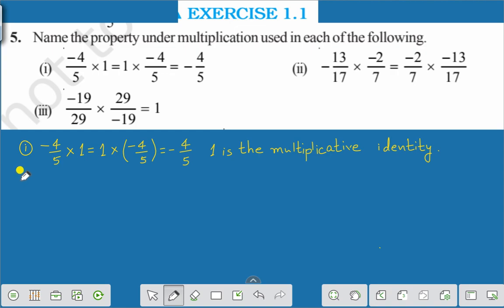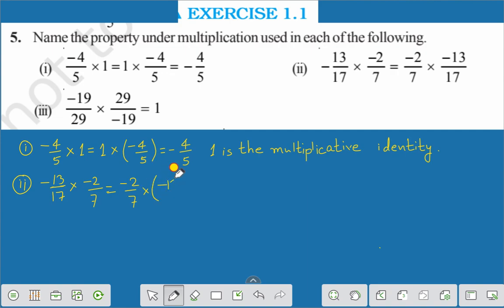Number 2 is minus 13 by 17 into minus 2 by 7 is equal to minus 2 by 7 into minus 13 by 17.